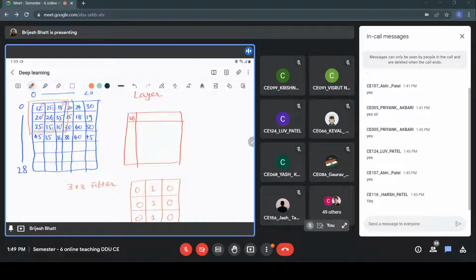What does this 56 indicate? The 56 indicates multiplication of the first 3 rows and first 3 columns with the filter. Whatever summation we have found will be indicated by this first cell.